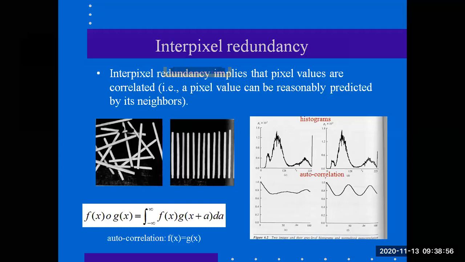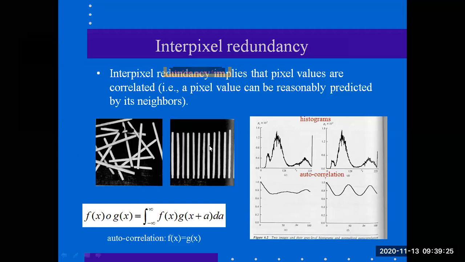Like this, here also there is a histogram and autocorrelation. For this, there are two functions, f of x and g of x. The autocorrelation of f of x and g of x is given by the integration from minus infinity to plus infinity of f of x into g of x plus a, dA. So here autocorrelation is given by f of x equals g of x.